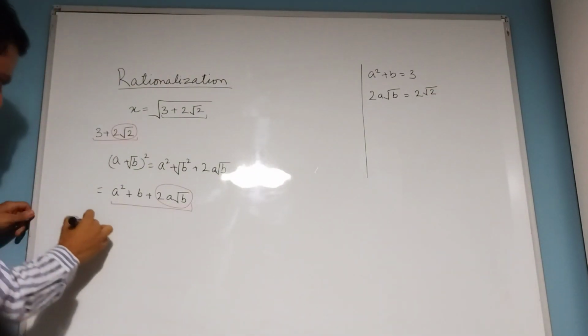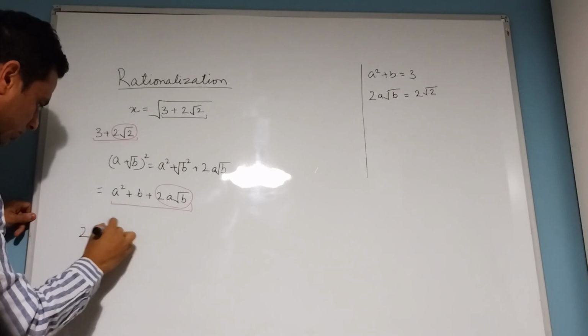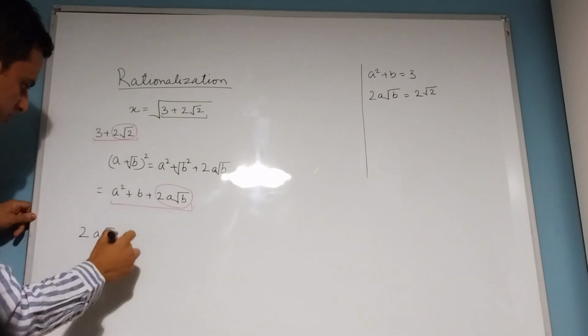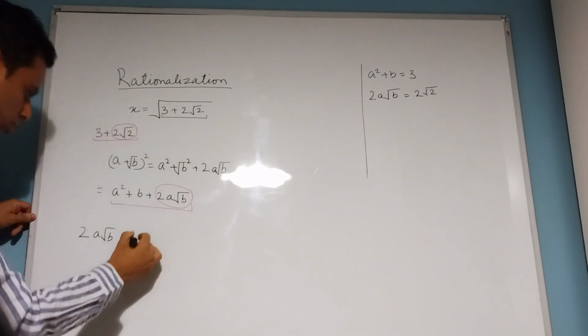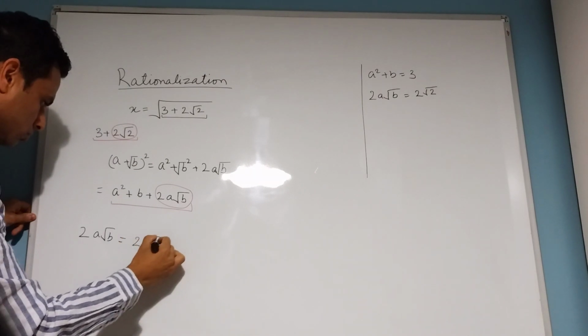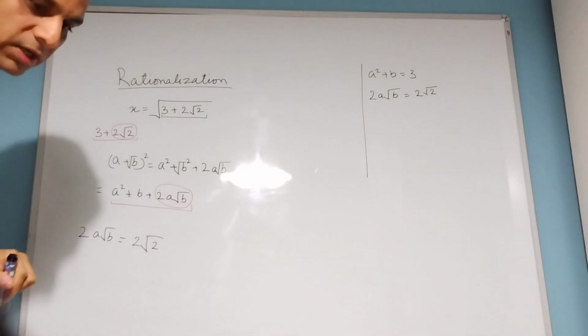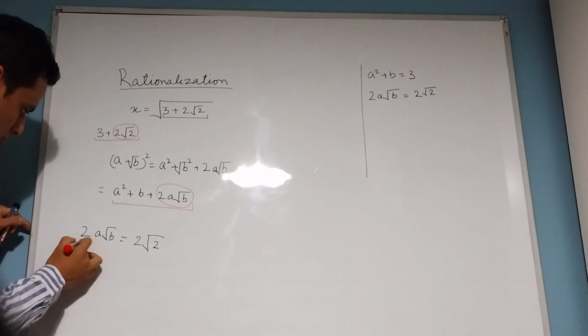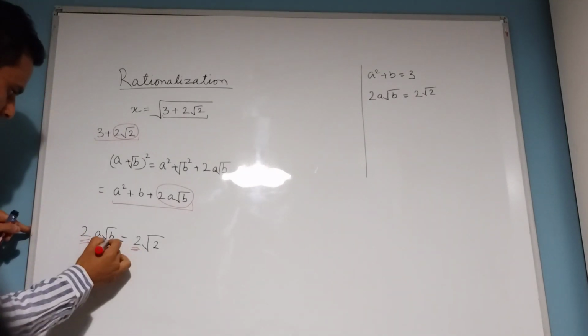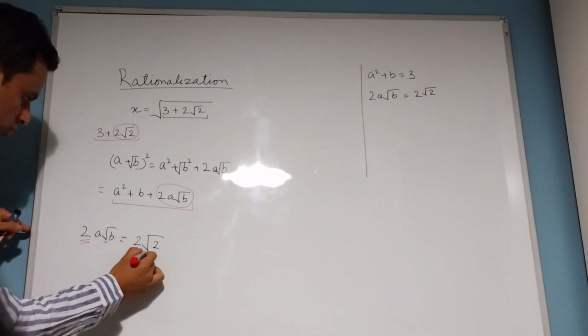Can we say that if 2a root b, this part of the expression, equals 2 root 2, we see that this 2 and this 2 is common here, and this root and this root is common here.